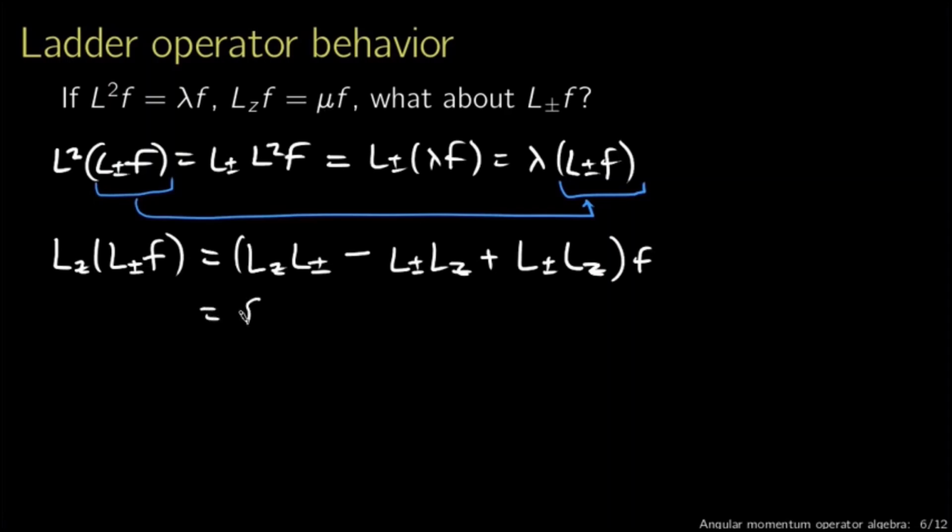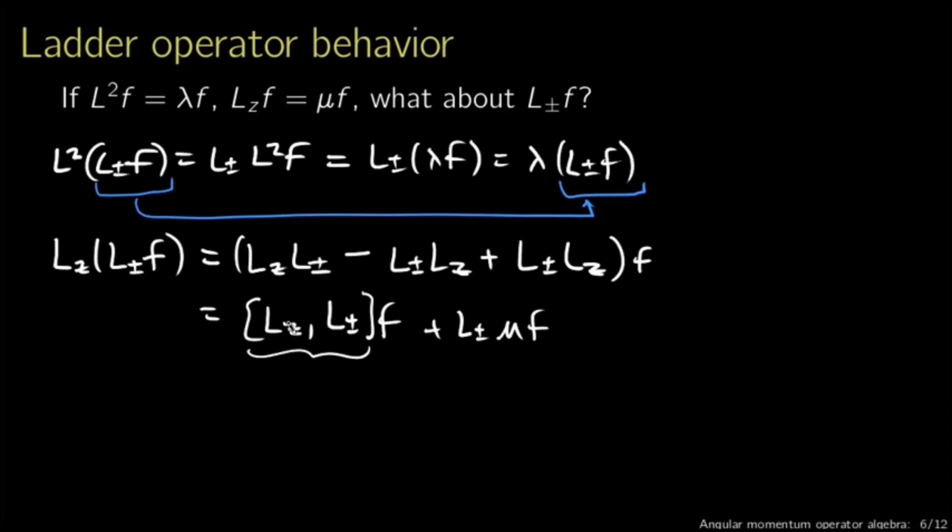So this is now going to be the commutator of Lz and L plus or minus acting on F, plus L plus or minus Lz acting on F. And I know what Lz does under these circumstances, since F is hypothetically an eigenstate of the Lz operator. It's just going to give me mu F back. This commutator, I also know how this behaves.